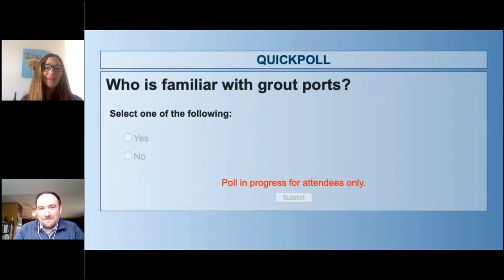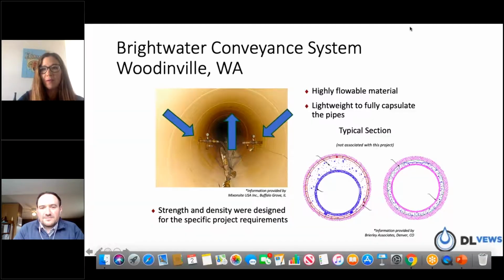Because you and I were talking this morning when we had our call. I'm only very, very baby familiar with grout ports, right? But then there's some of you that have been doing them for years and have a much wider knowledge than us. Okay, you've almost all voted, so I am going to close this poll. So let's say we had 76% of people familiar with grout ports and 33% are not.